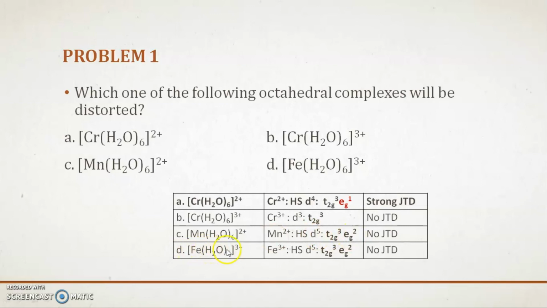And iron in 3+ oxidation state is again d5. Iron in 2+ would be d6, so 3+ is d5, t2g3 eg2. In writing down all this, we understand that only here there is an unequal distribution of electrons in the Eg orbitals, whereas in all other cases it is either eg0 or eg2. So there is no Jahn-Teller distortion in these 3 cases, whereas Jahn-Teller distortion occurs only in A. So A is the answer.